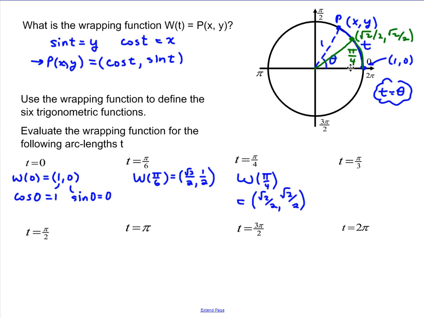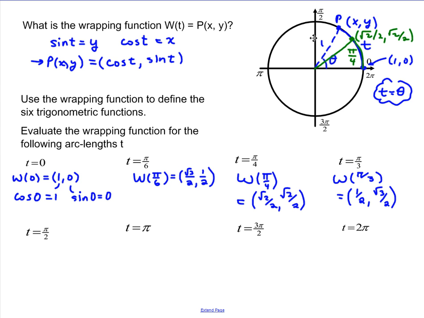Those are the x, y coordinates found by taking the cosine and the sine, respectively, of that arc length pi over 4. And we could just continue on down the line. The wrapping function of pi over 3 is equivalent to asking for the cosine and then the sine as our coordinates. That is 1/2 and square root of 3 over 2.